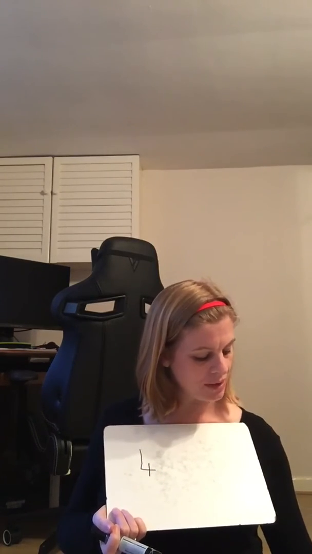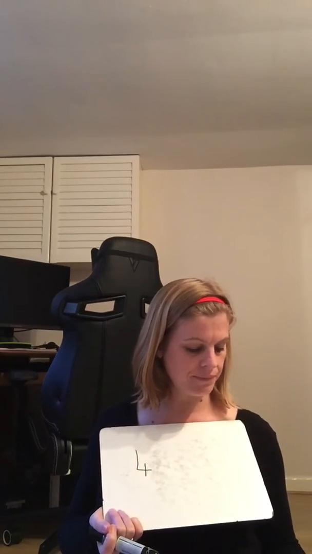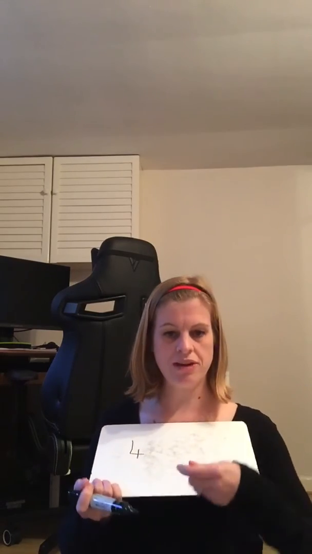So you would count out your 4 counters, 1, 2, 3, 4, and then you put them on your board. Whoops. You put them on your board and you decide if 4 is odd or even. Look, 2 equal groups, they're in pairs, so it's even.